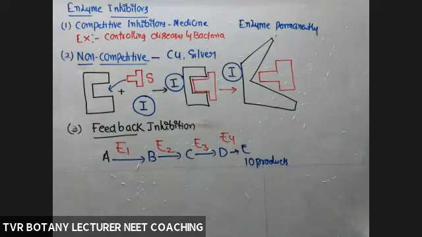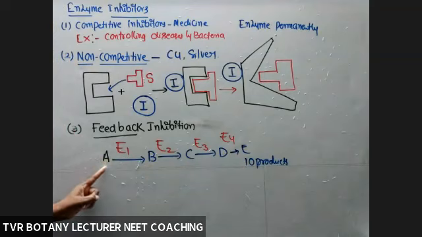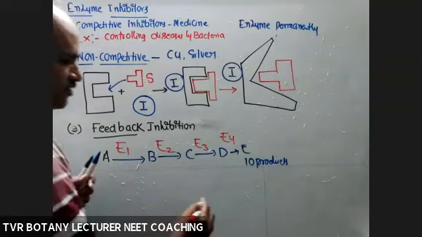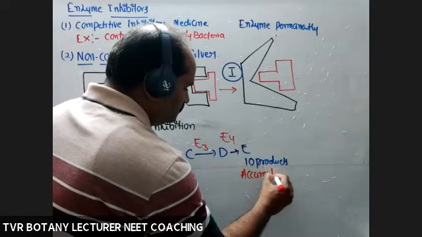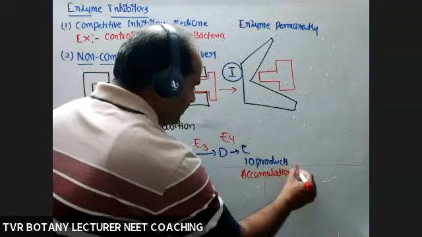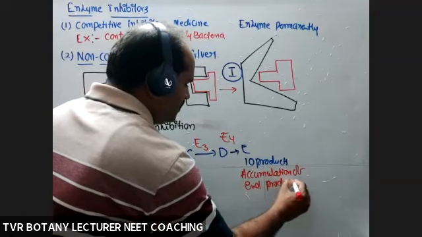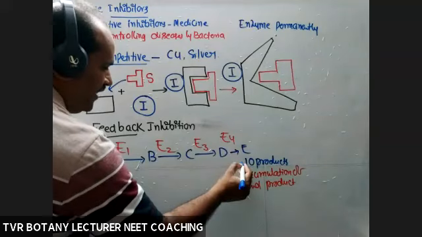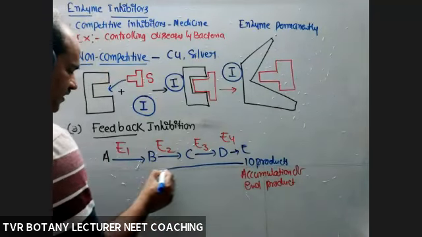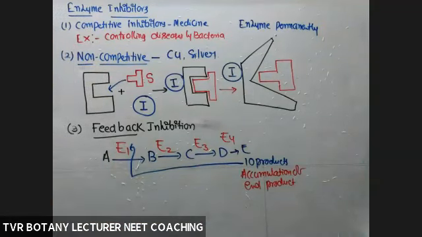After a certain period of time, what about the number of E products? 10. What about the number of A reactants? One molecule only. So the end product is accumulated. Once the end product is accumulated, it reacts with the first enzyme.